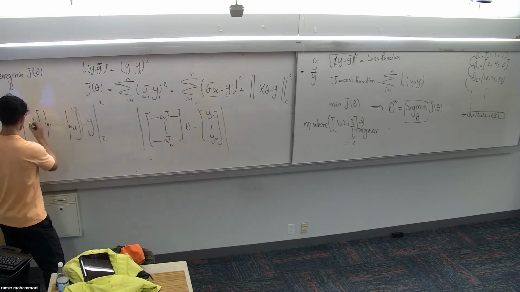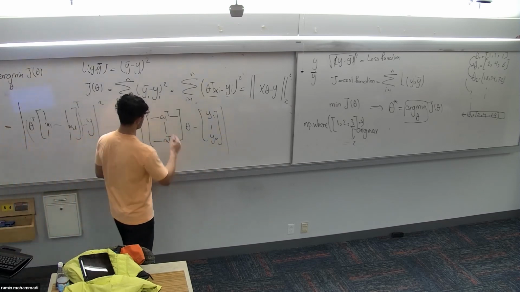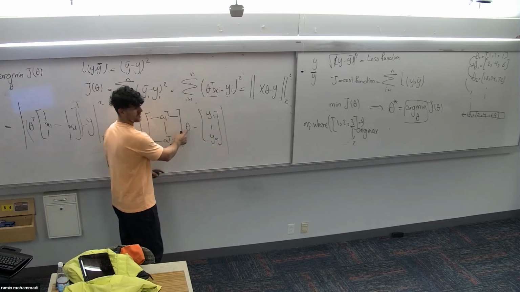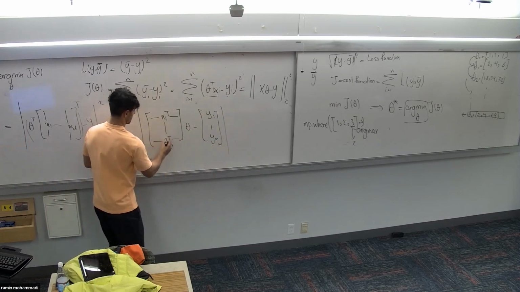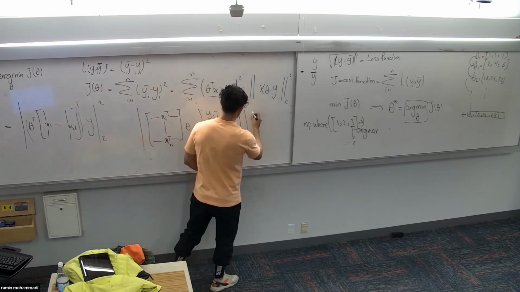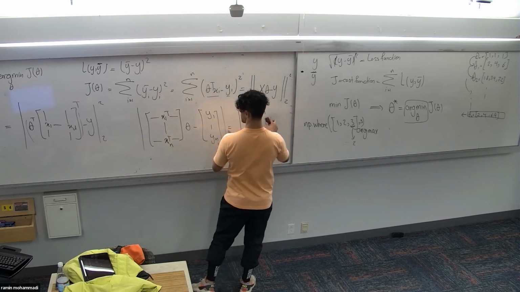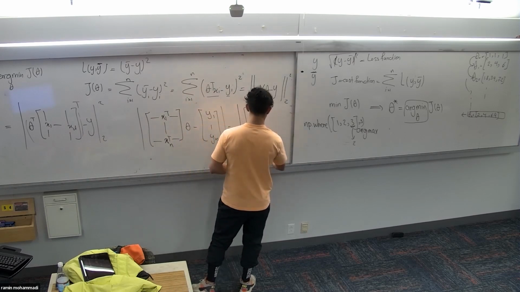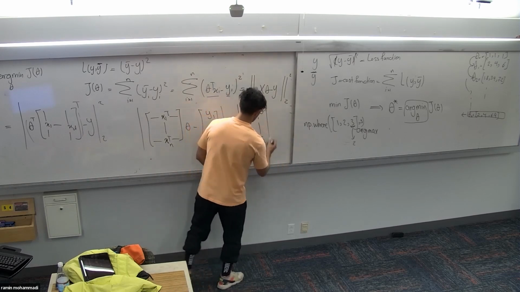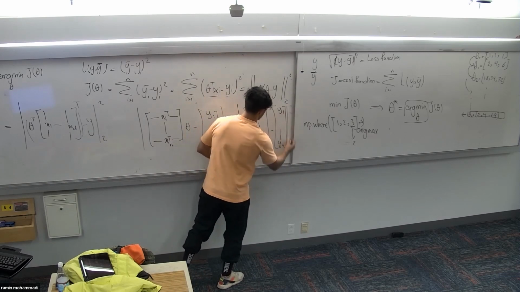This one gets another transpose if you use it that way, because you need to orient it upward. But this one becomes x1 transpose, which gives you the predicted value. So this becomes x1 transpose theta through xn transpose theta, because theta has that dimension, minus y1 all the way to yn, norm 2.